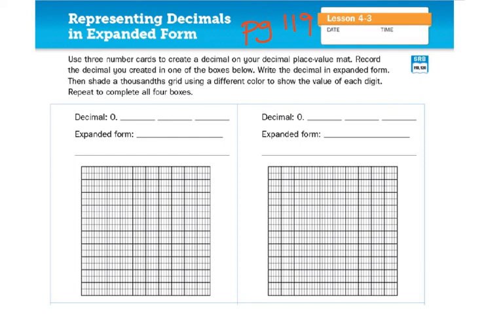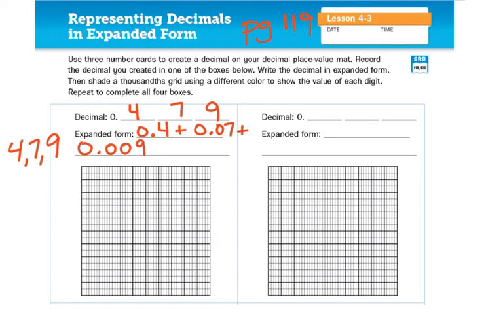Okay, I'll pick 3 cards. I picked a 4, a 7, and a 9. So we can make this anything. Let's make it 479 thousandths. In expanded form, it would look like 4 tenths plus 7 hundredths plus 9 thousandths.